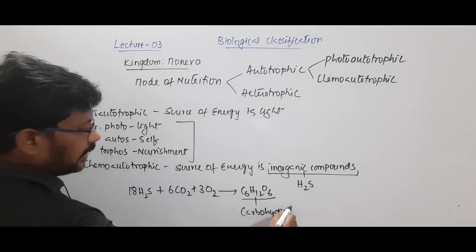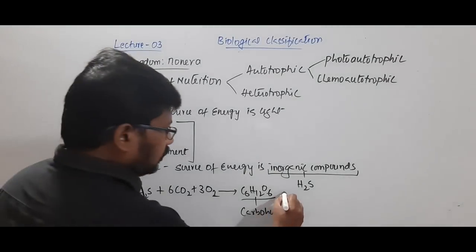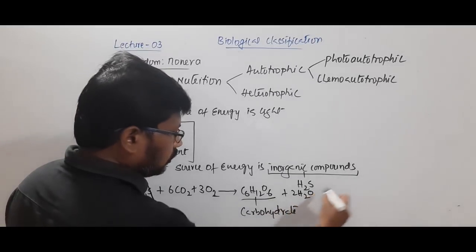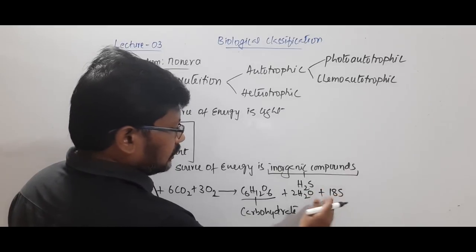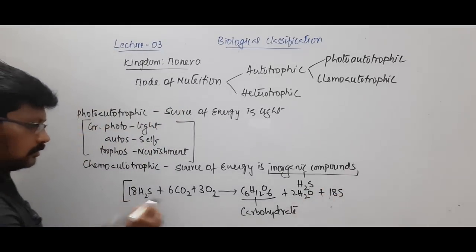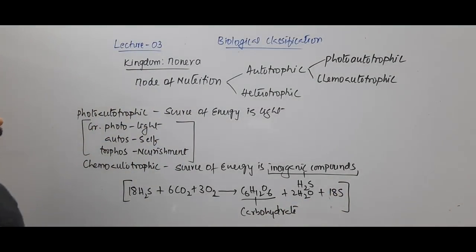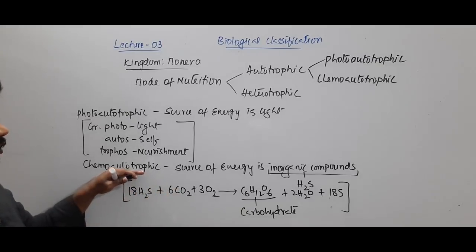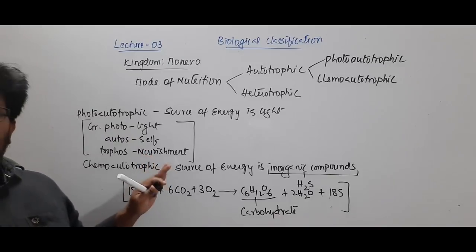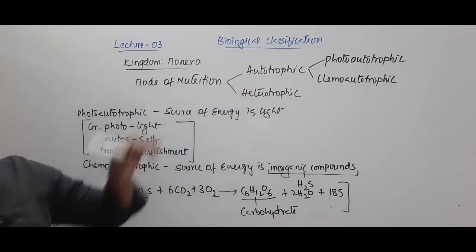This is the food they have synthesized using hydrogen sulfide. In this process we also get some water, and sulfur is released. I gave this equation only for the sake of understanding. This is how chemoautotrophic organisms synthesize their own food materials. Chemoautotrophic and photoautotrophic are both under the autotrophic mode of nutrition.